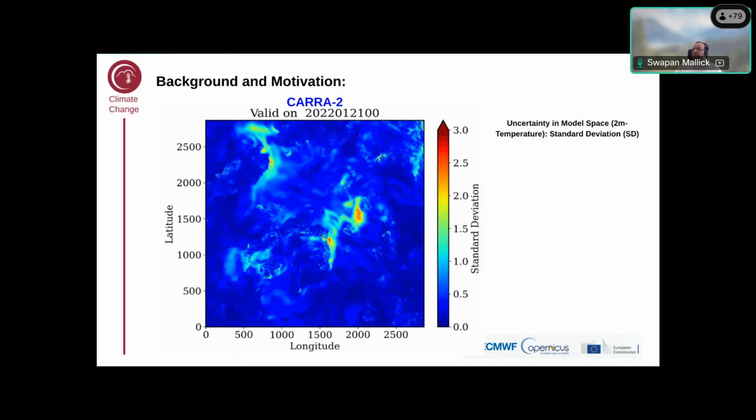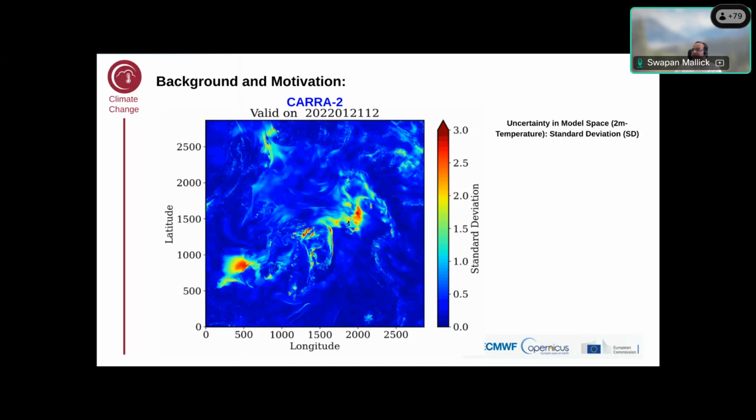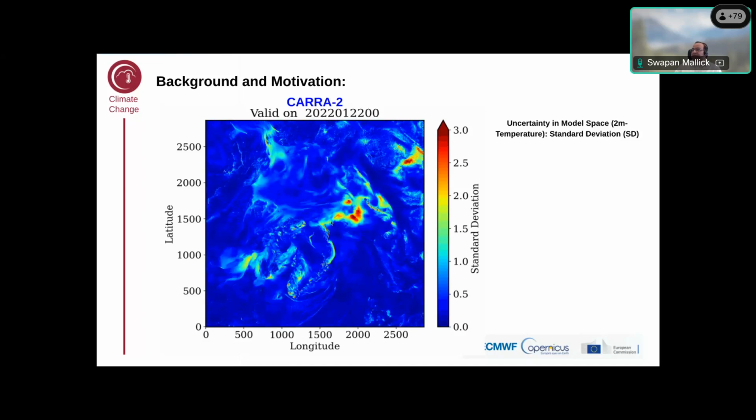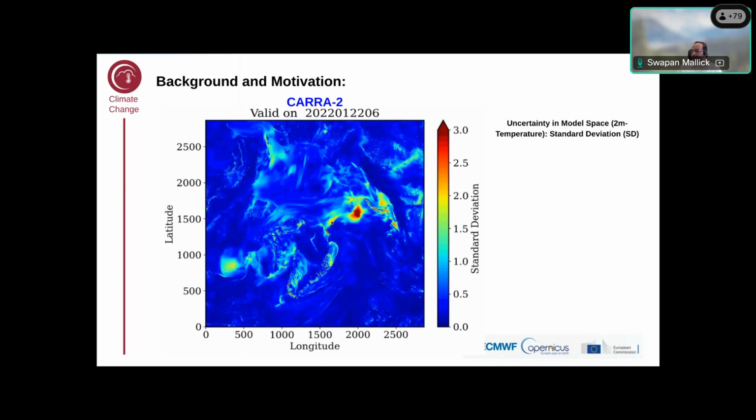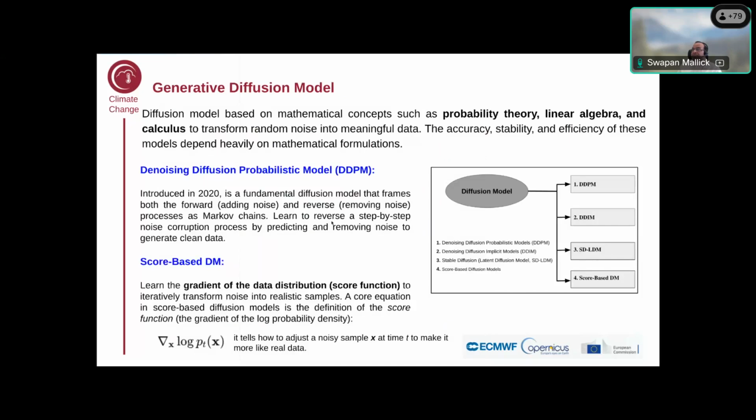So there is a flow dependent uncertainty observed in the Kara2 ensemble system. Now the goal is to find the relation between the ERA 5 EDA and Kara2 uncertainty.